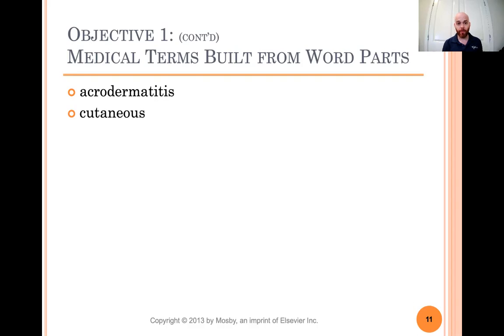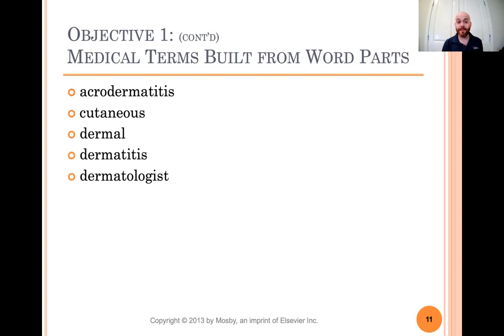Cutaneous just means pertaining to the skin. Dermal, so we know that's skin, and that AL just means pertaining to, so it just means pertaining to the skin. Dermatitis is just inflammation of the skin. Dermatologist, we've had ologist before.